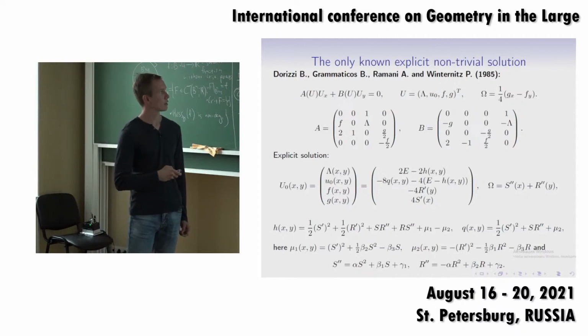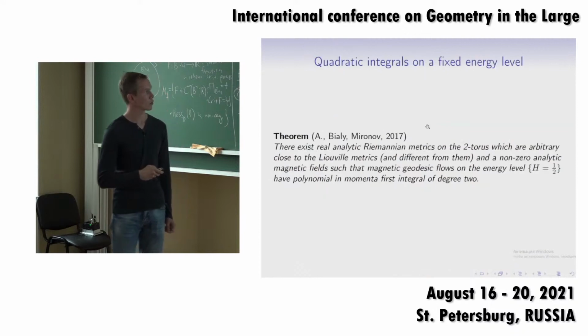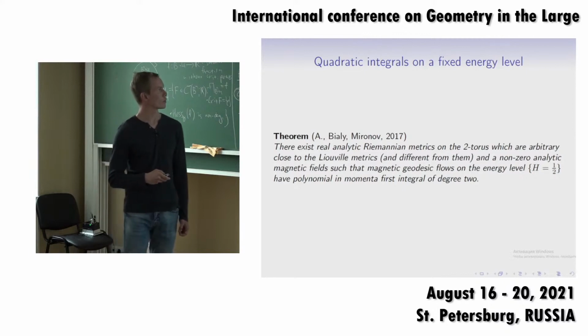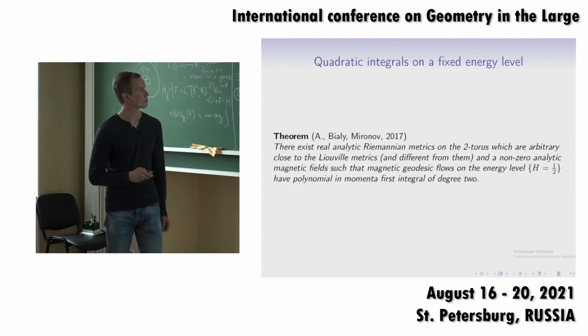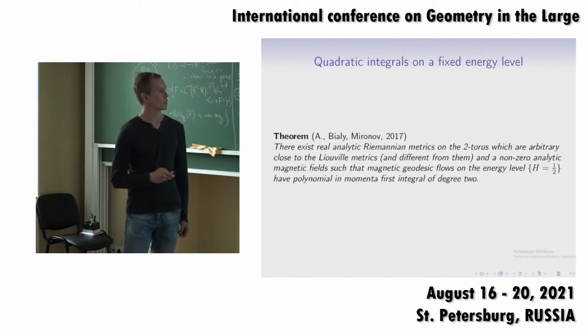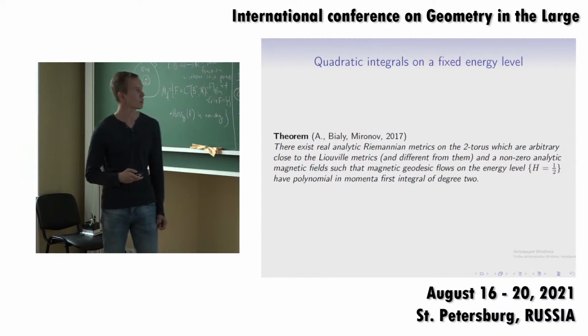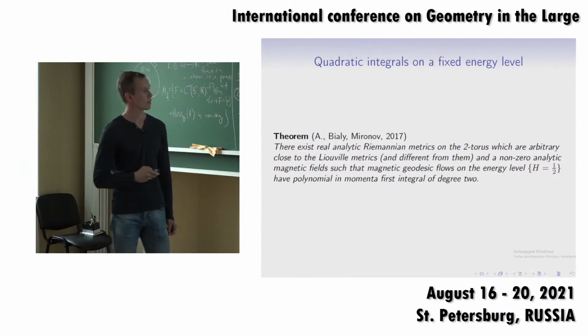Also, it turns out that this system has an even richer family of solutions, and that's what we managed to prove in 2017 together with Bell and Mironov. But we cannot integrate the system and construct the solutions explicitly, so this is an existence theorem in some sense.